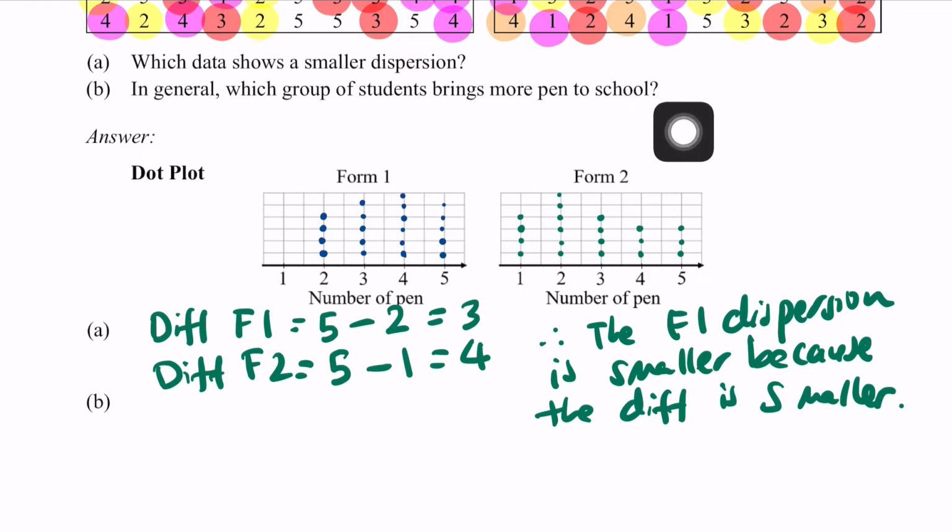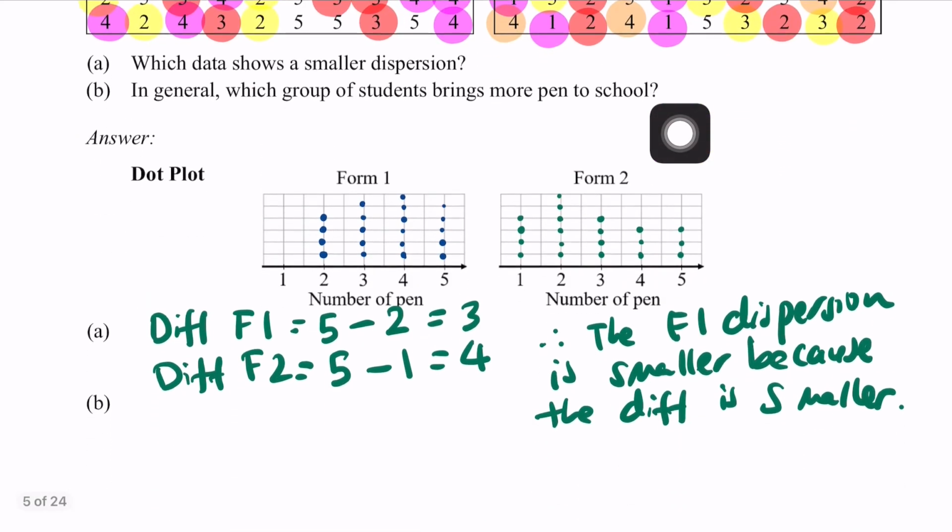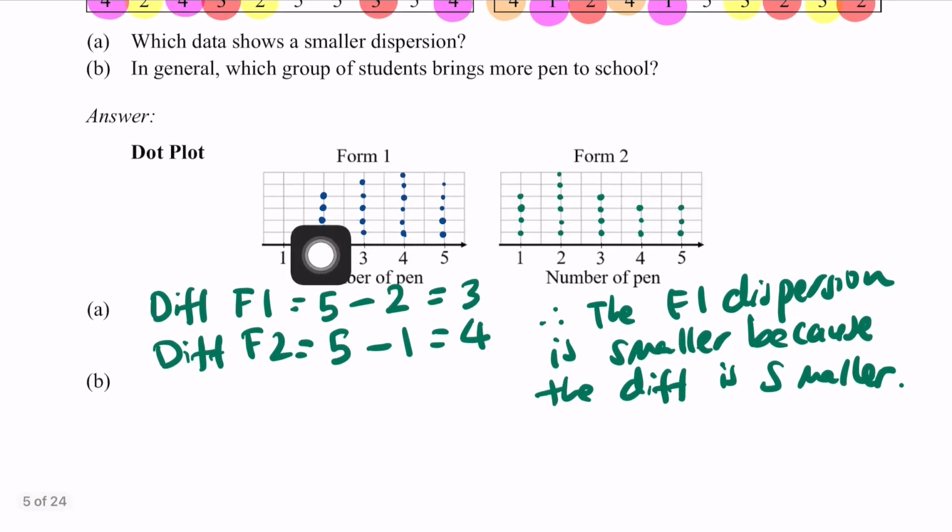So kita boleh buat conclusion daripada sini. Kalau sini, cuba tengok. Ini Form 2 kan. Macam tak lah tinggi sangat. Form 1 banyak tinggi-tinggi, dan dia ke sebelah pen yang banyak. Betul tak? Kita boleh nampak kan.